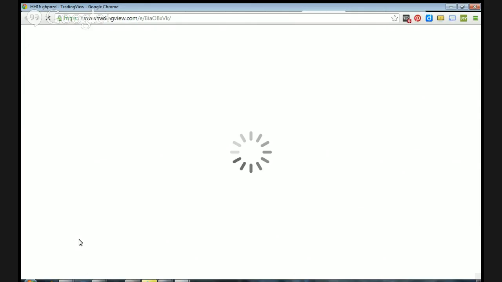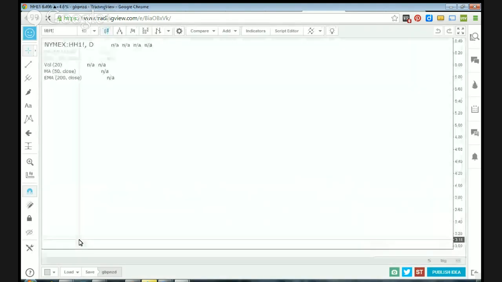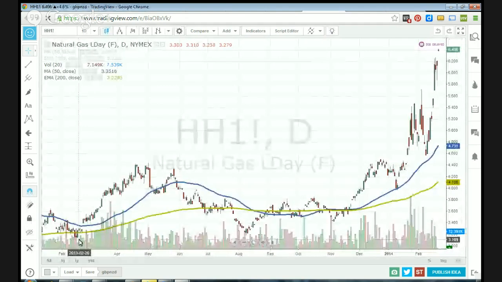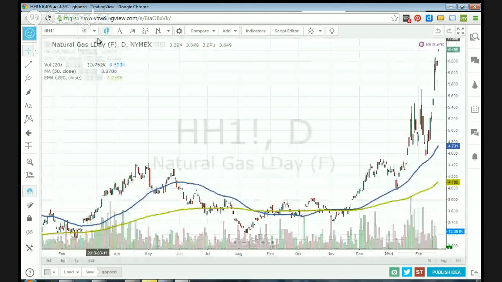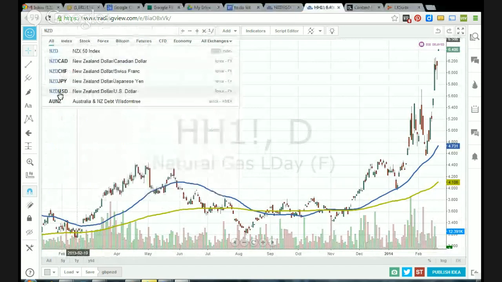But in any event, the Kiwi dollar trade that I do have on, which we'll get to shortly, is slightly in the money. What I want to look at on the chart is to see if I'm able to move this to break even. Here's a chart of natural gas, which has gone parabolic. You can see. Okay, so here, let's get into Kiwi dollar.